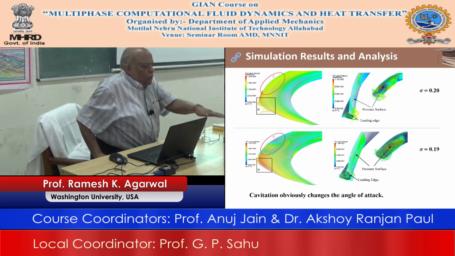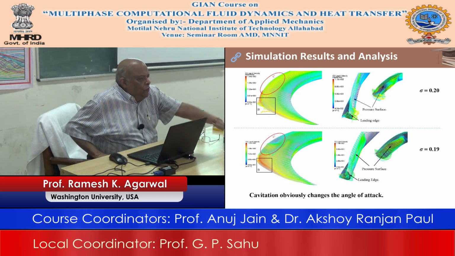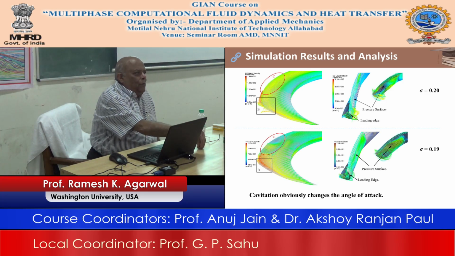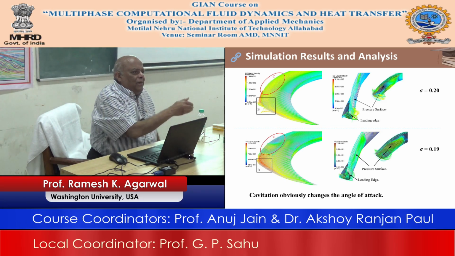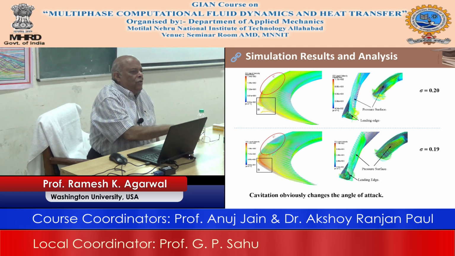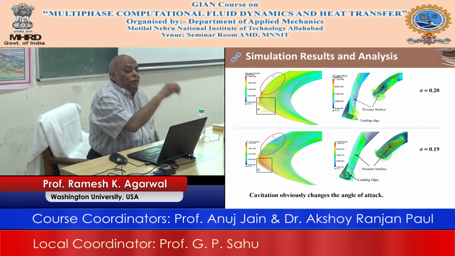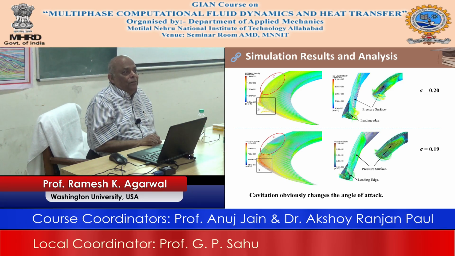Now suppose you have a flat plate, and the flow is coming in. The velocity at the wall is 0. Where is the maximum gradient of velocity on this plate? Very close to the wall. So where is the maximum vorticity in this flow field?